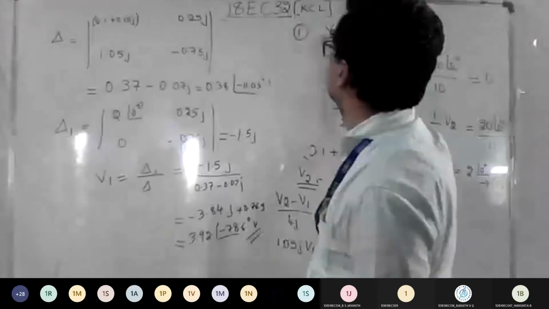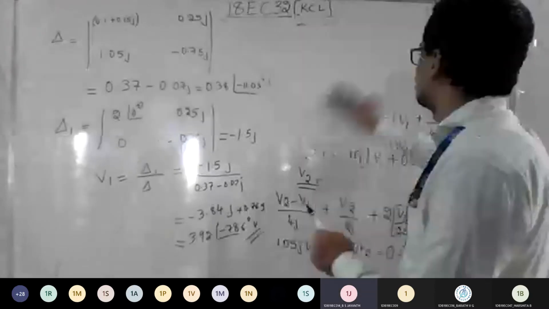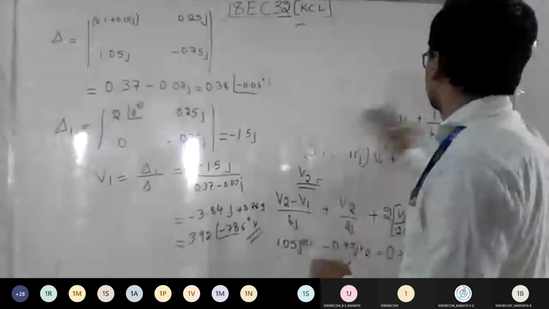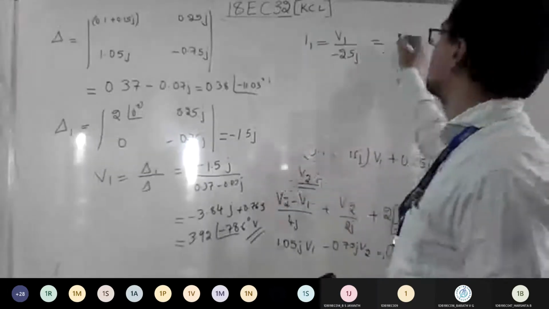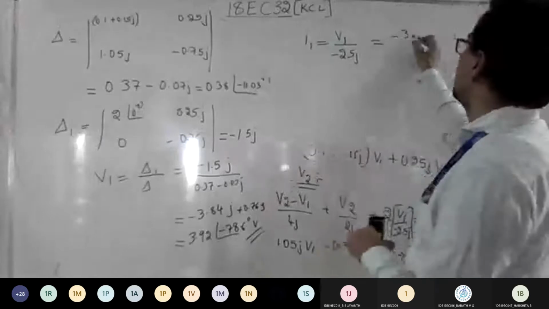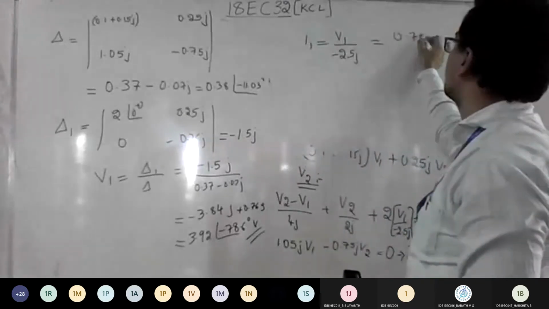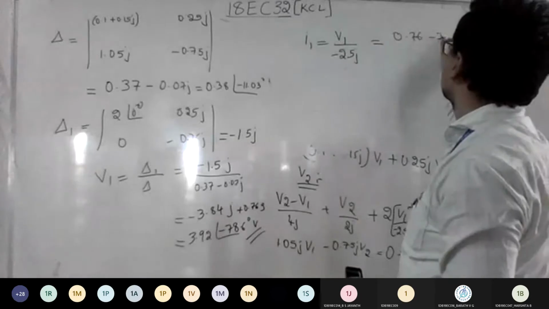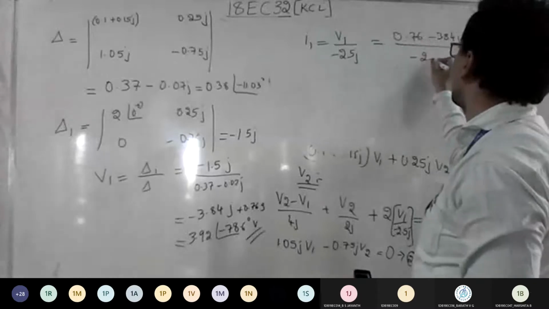So now can you tell me what? To find I1, I need V1 divided by j. So the V1 answer we got is 0.76 minus 3.84j, whole divided by minus 1.